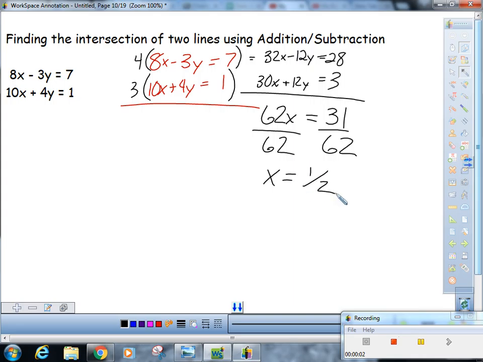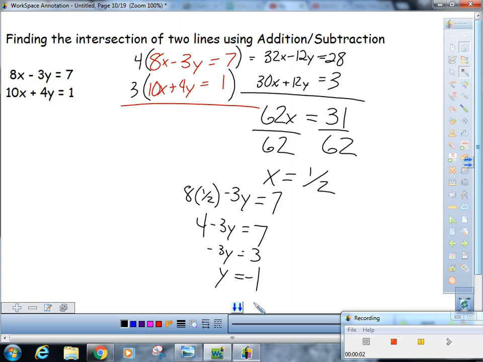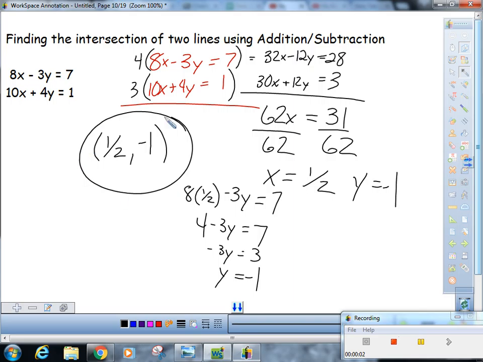So since x is 1/2, I could say 8 times 1/2 minus 3 times y is equal to 7. 4 minus 3y equals 7. A negative 3y is 3. So y is a negative 1. So these two will intersect at the point 1/2, comma, negative 1.